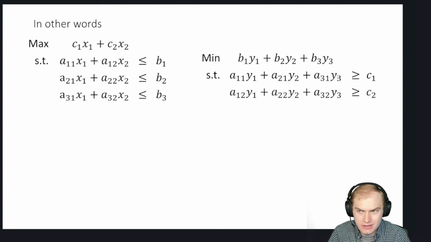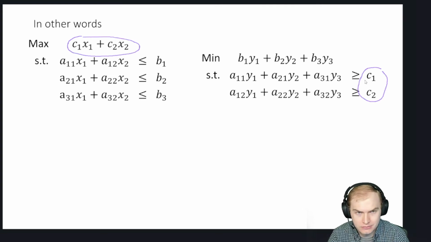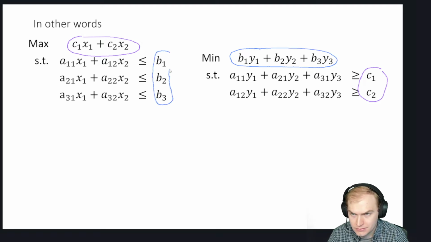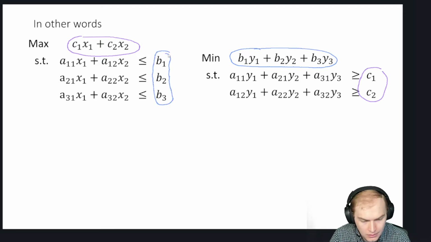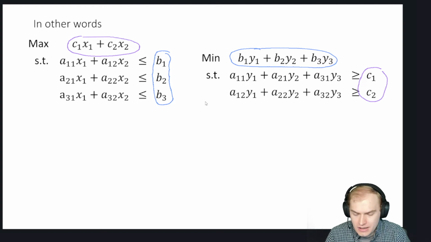So what I want us to see here is that we've swapped the position of C and B, the vectors C and B, and the matrix A has been transposed.